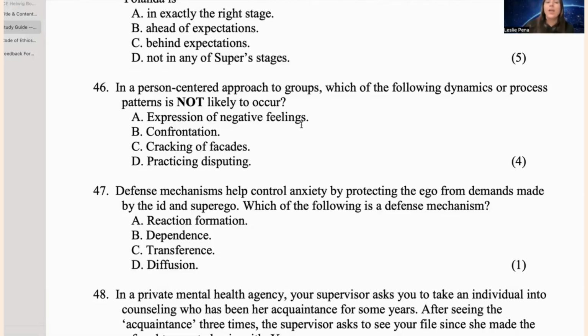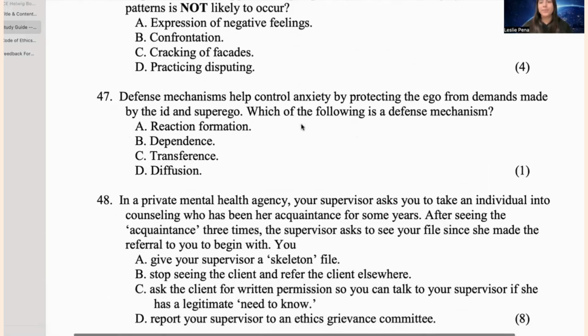We're going to follow what the client wants, basically go where they want to go. We're not guiding, they're guiding. So we would not practice disputing. D is the correct answer.